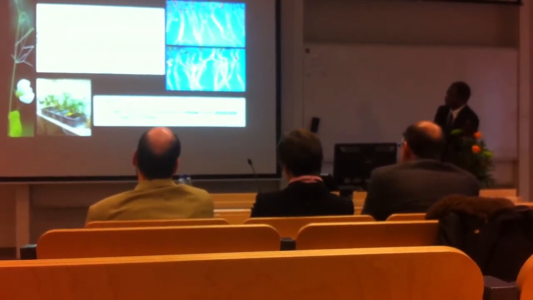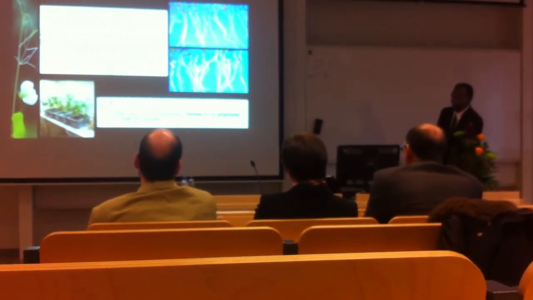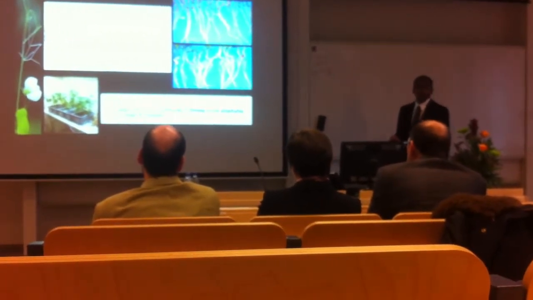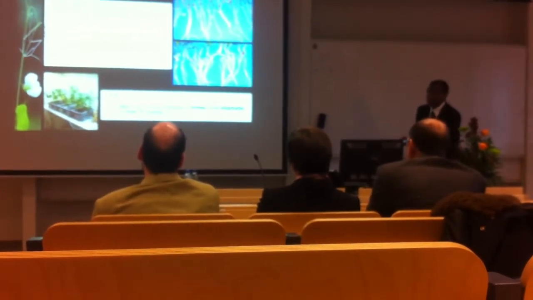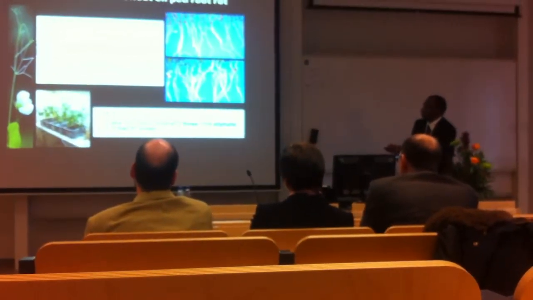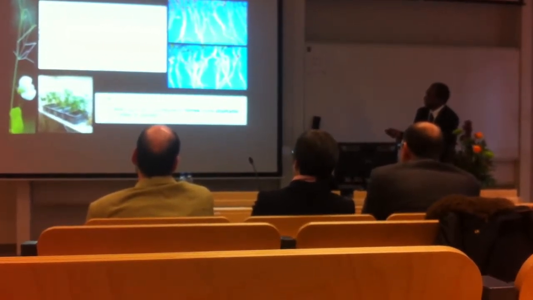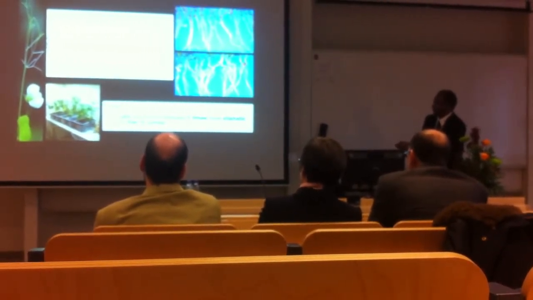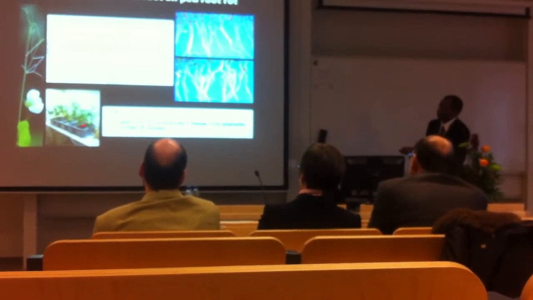I think this Sinapis alba, when we analyzed the collected volatiles, we found Sinapis alba produced 3 times more aliphatic isocyanates compared to Brassica juncea. So I think it is mainly the more aliphatic isocyanate released from Sinapis alba.